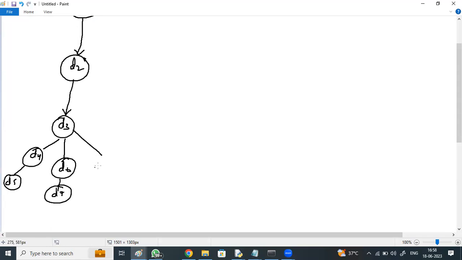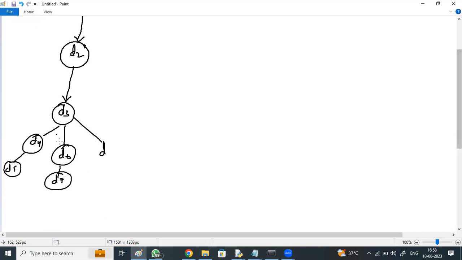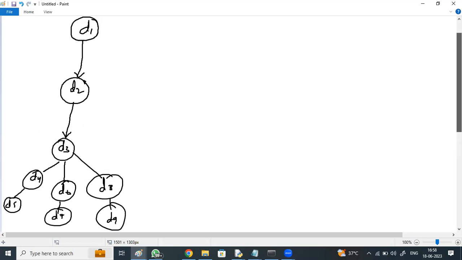D3 is saved, right? And here D8, D9. But if you observe, three flows are there here.